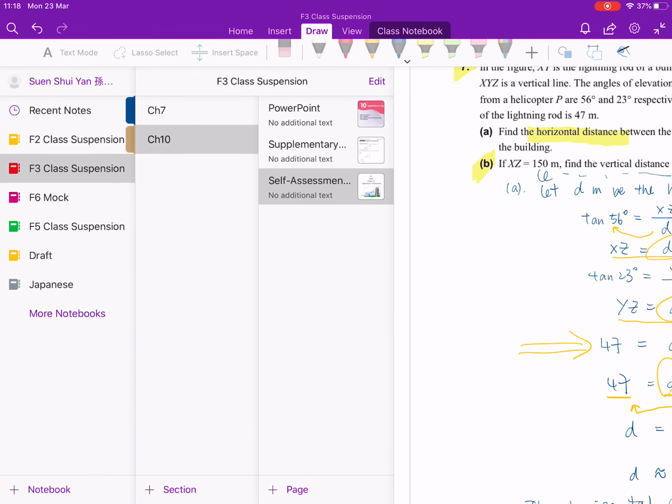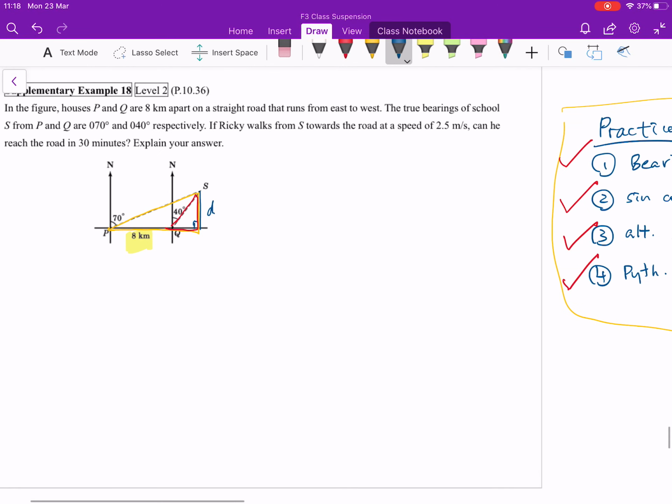So go back to that question. Our way to do it is, mark the distance as D. The first step, you need to express PQRS, let me mark this one as T, PT and QT in terms of D respectively.